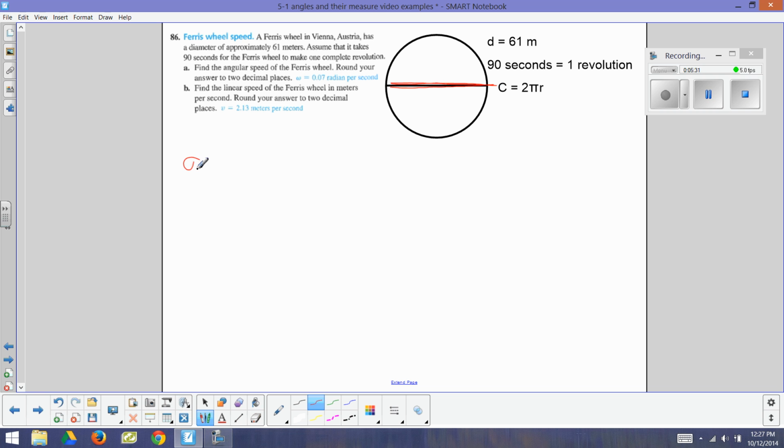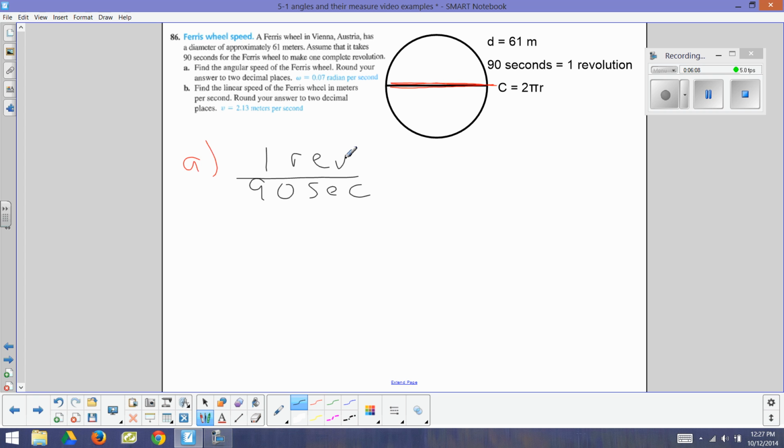So A, angular speed. I know that it goes 90 seconds in one revolution. And remember, on angular speed, I want radians. It goes 90 seconds in one revolution, okay?